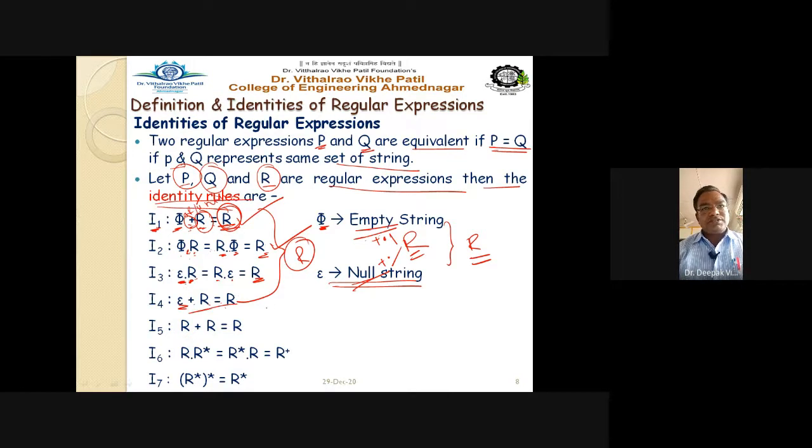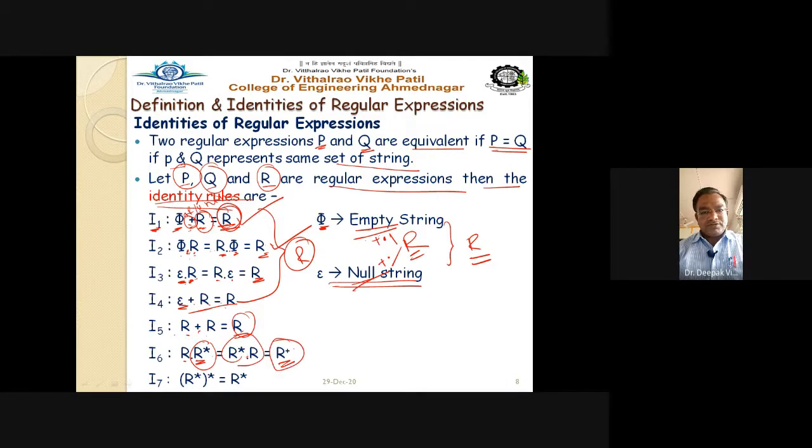Okay. Now this fifth one is nothing but unity: R plus R equals R. Adding a regular expression to itself gives you R itself. The next rule, the I6 rule, is R dot R star, meaning R dot R closure, which is equal to R closure dot R. You can also rewrite it as R plus, that is R raised to positive closure.